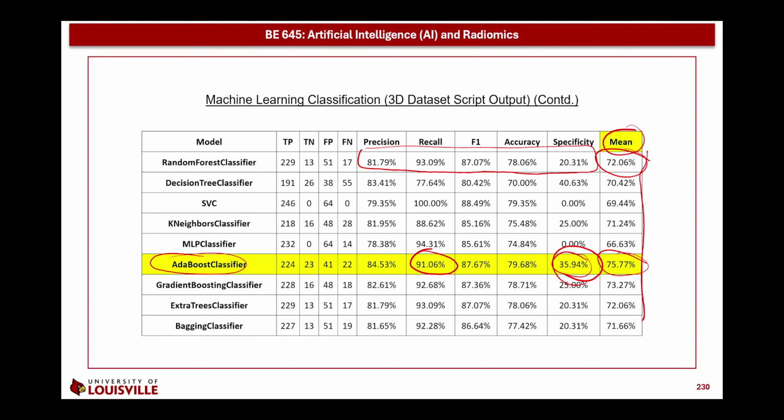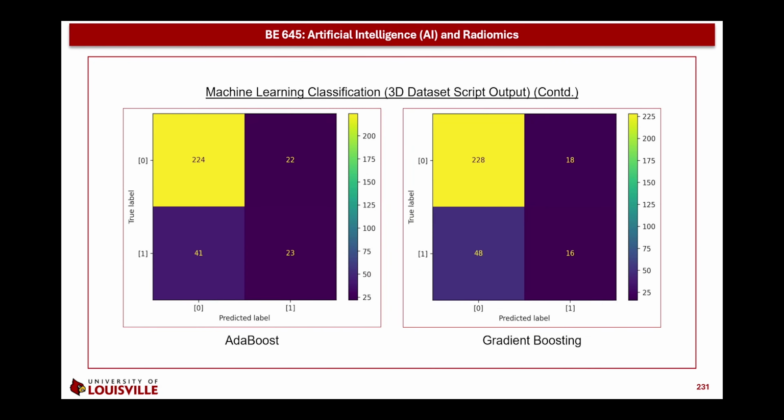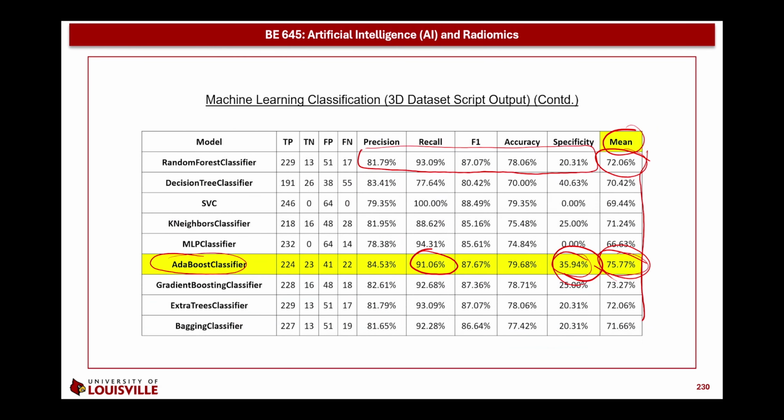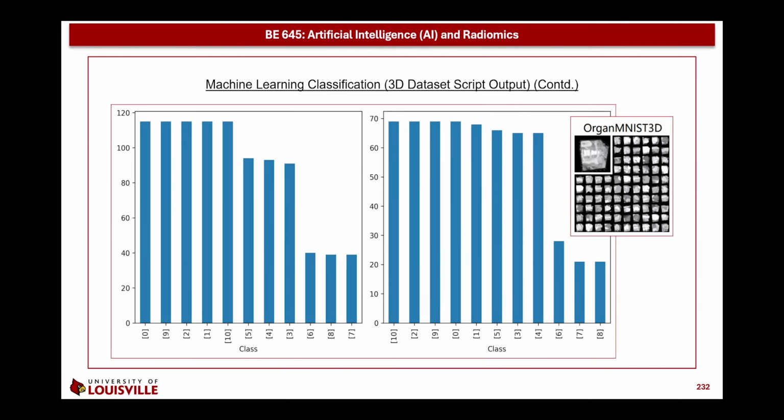Using this or that, we got a performance of about 75 for this dataset. And this is the corresponding confusion matrix for the AdaBoost, and the second top one, which is gradient boosting, that reported about 73.